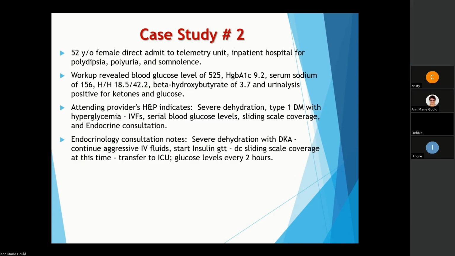So I would query that, especially if they give IV fluids. I don't know how fast; it doesn't say here. I would put that in my treatment, the IV fluids.